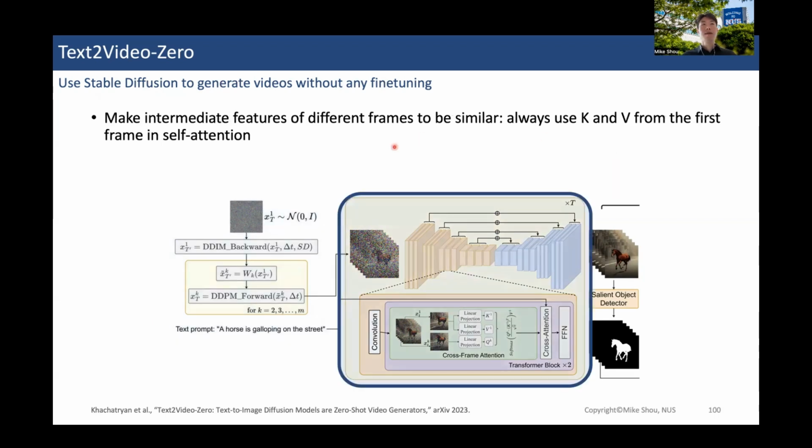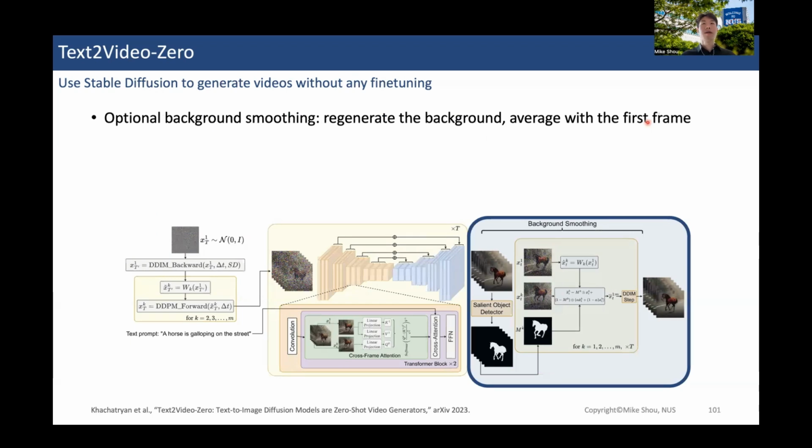And another thing is to make the intermediate features of different frames similar. What they did is that in the self-attention layers, they always use K and V from the first frame when they do the self-attention. There is another optional operation to make the background more consistent.